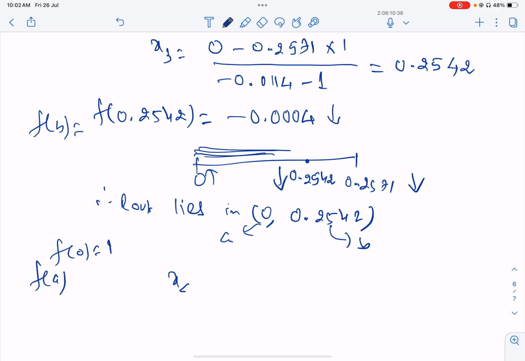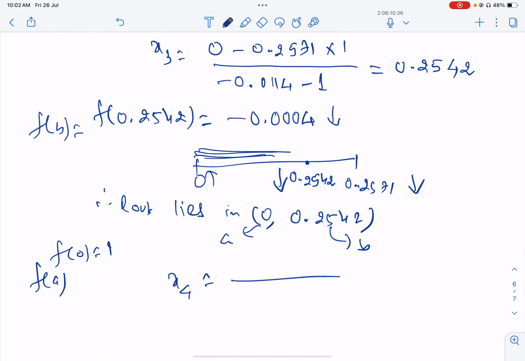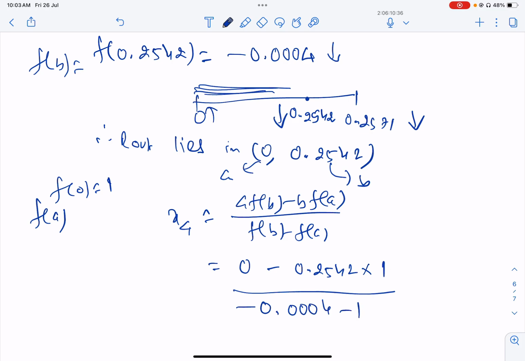So the next step is to use the formula, that is (A f(B) minus B f(A)) upon (f(B) minus f(A)). So A is 0, B is 0.2542 multiply 1, then this is minus 0.0004 minus 1, and again you simplify, you will get 0.2541.